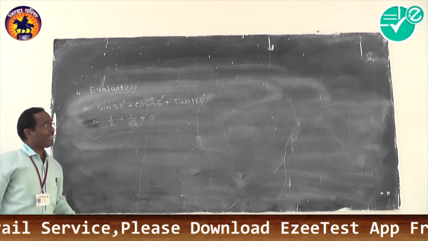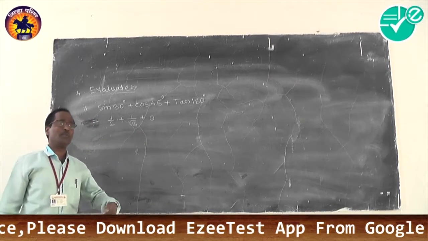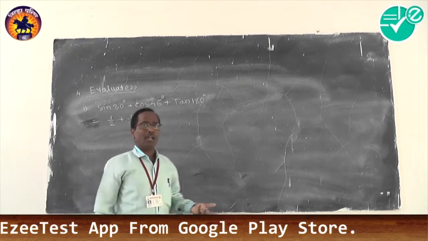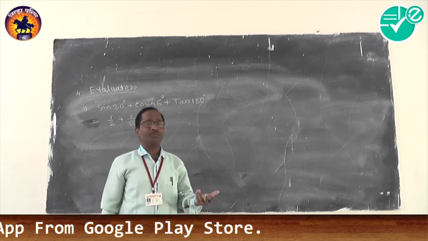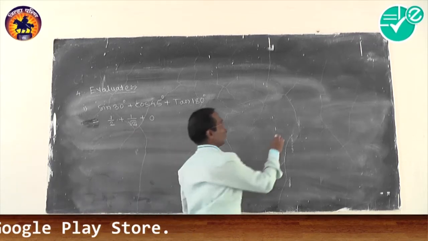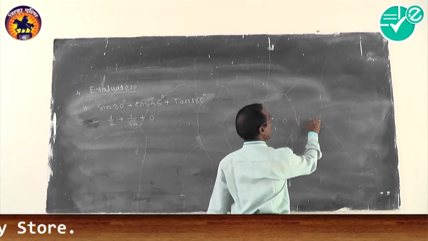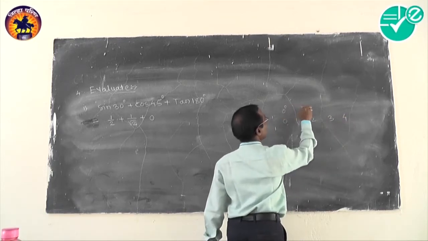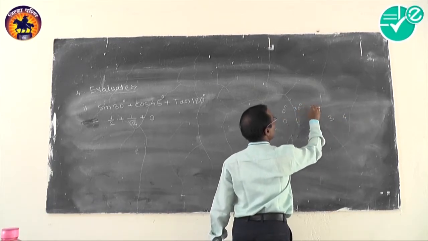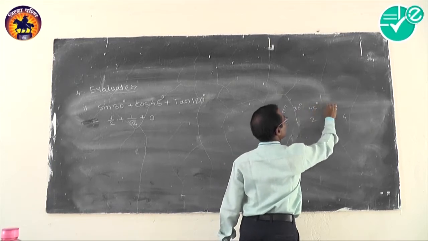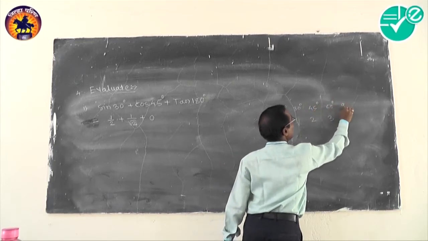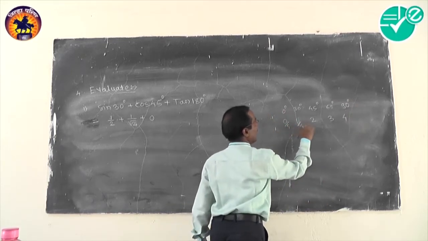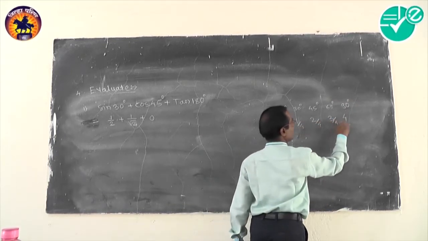If you can't remember the values of the trigonometric functions, then I give you one idea. Write down the numbers from 0 to 4 for 0 degree, 30 degree, 45 degree, 60 degree, 90 degree, divide by 4 and take the square root.